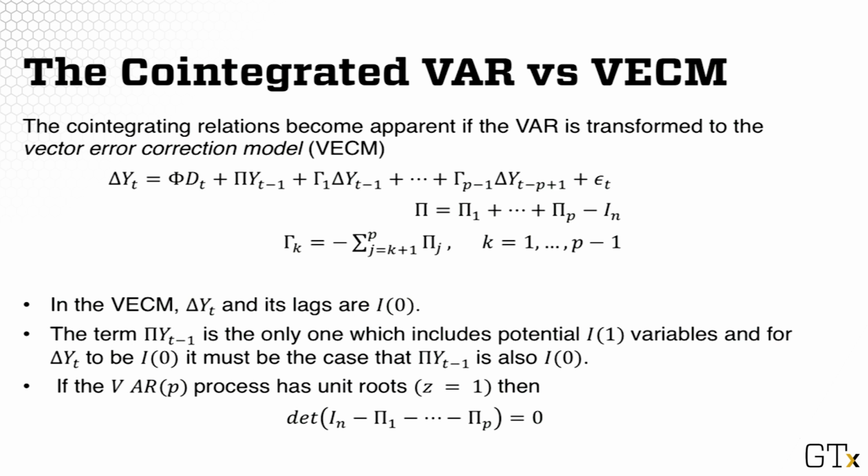In this definition, the matrix pi is 1 minus the sum of the pi i matrices in the original VAR model. This first component, pi times yt-1, is the only part that can be integrated of order 1. All other components are differences of the lags t-1 to t-p+1 and hence are stationary.